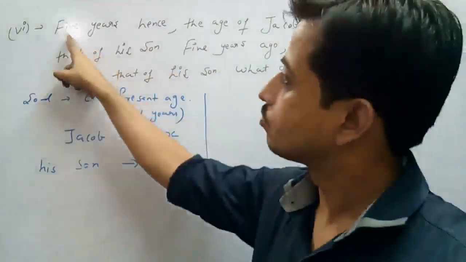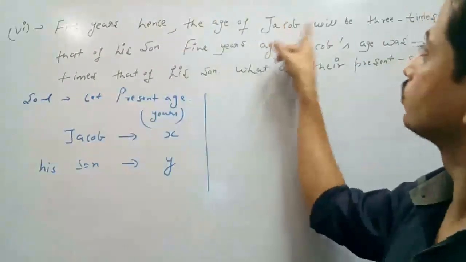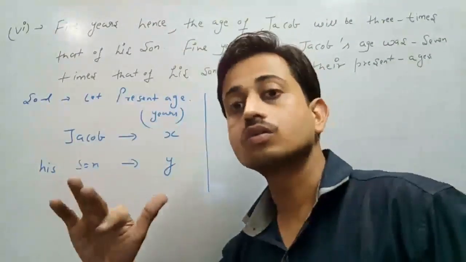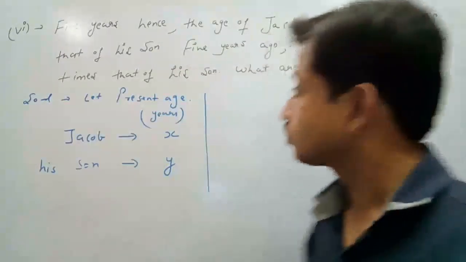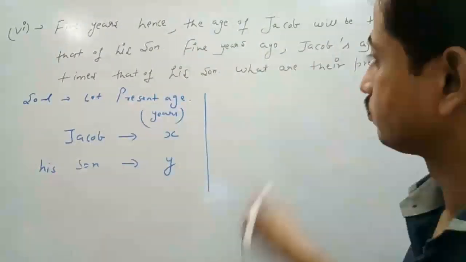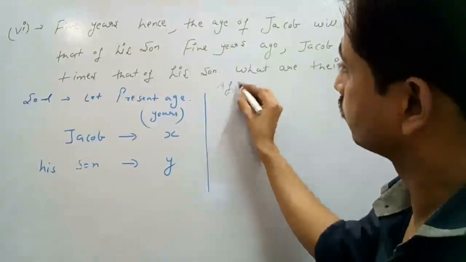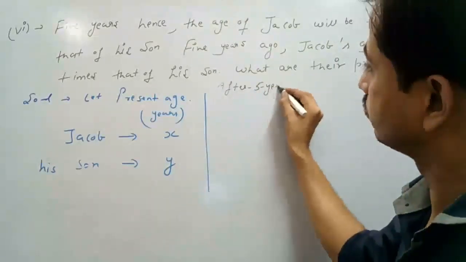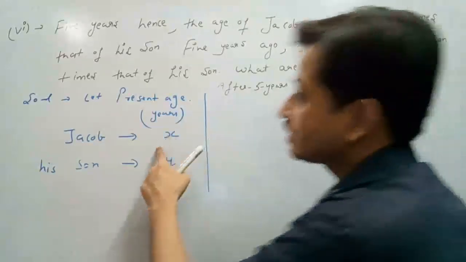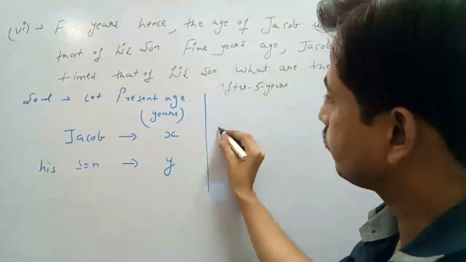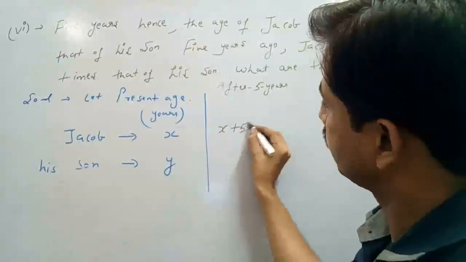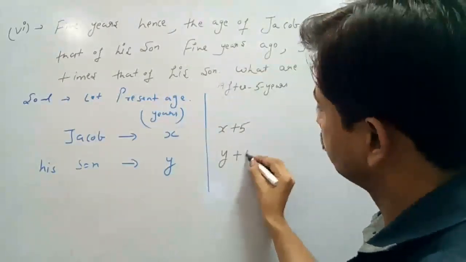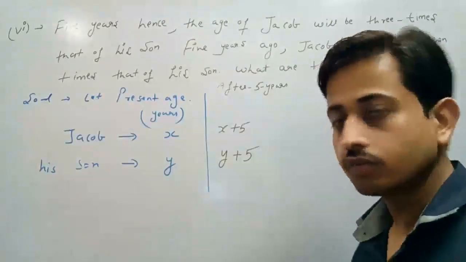Now please read. 5 years hence the age of Jacob indicates the statement goes to future. So after 5 years, present age is x. Now after 5 years it is x plus 5, and his son's age is y plus 5.